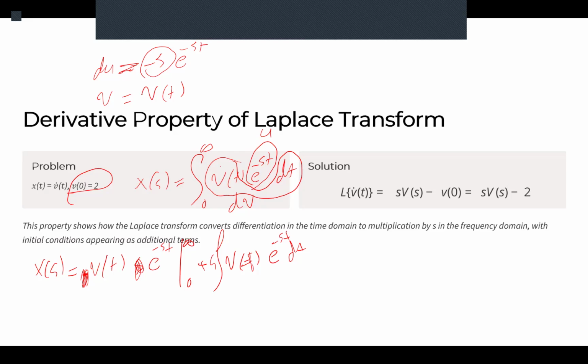Now, this one, if t goes to infinity, it's 0. If t goes to 0, it's minus v of 0. Are we good? Plus, now this one is the definition of the Laplace of V(s), so that is s V(s).